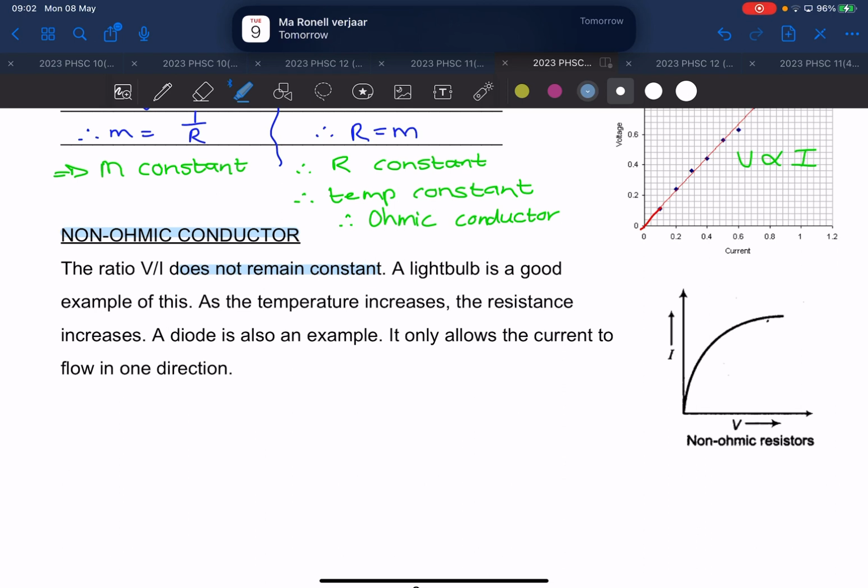We have a light bulb, because the light bulb becomes warm. And then as the temperature increases, the resistance increases as well. Okay, I can't pronounce it in English. It is a diode, probably. It's also an example of that, but it's not one that you use a lot.